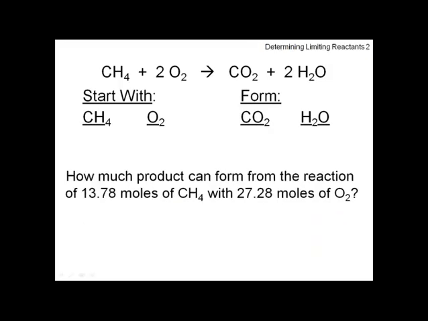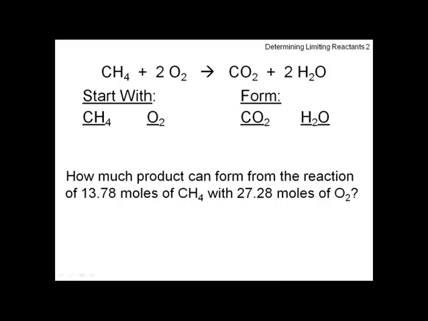If the numbers are more complicated, we can appeal to conversion factors constructed from the coefficients in the balanced equation to determine the limiting reactant. For example, how much product can be formed from the reaction of 13.78 moles of CH4 with 27.28 moles of O2?